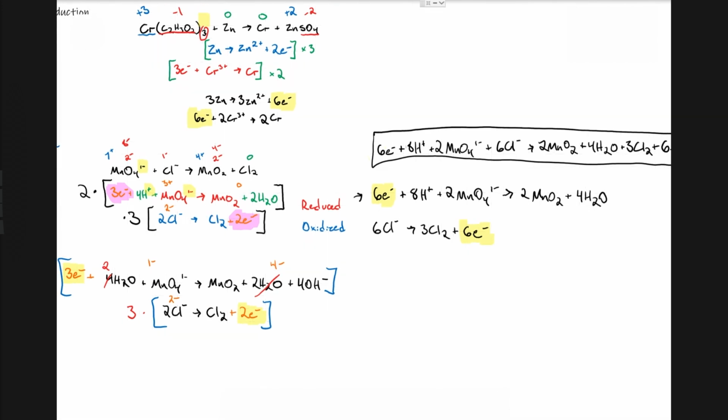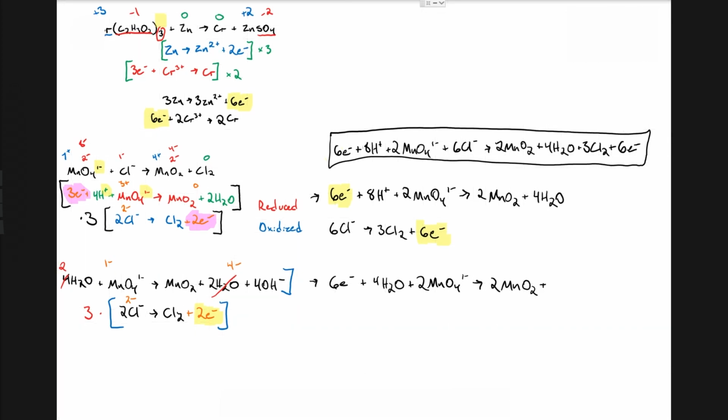So multiplying that out, we get 6 electrons plus 4 H2O plus 2 manganese oxide goes to 2 manganese oxide plus 4.